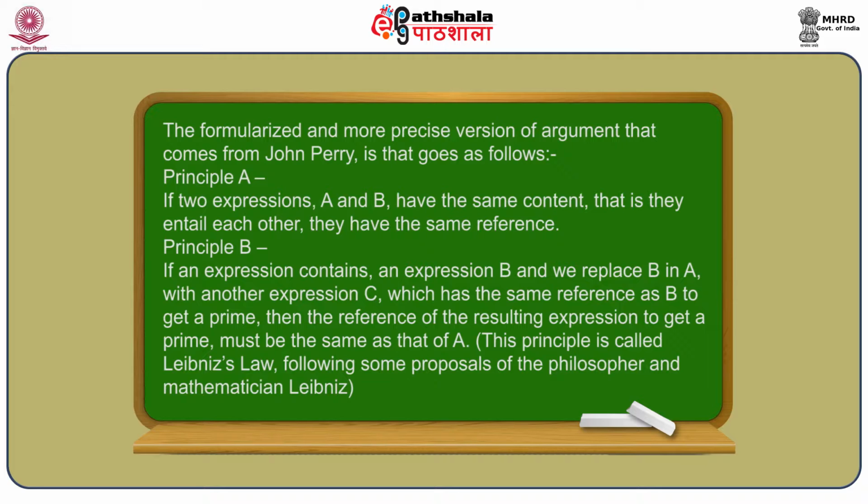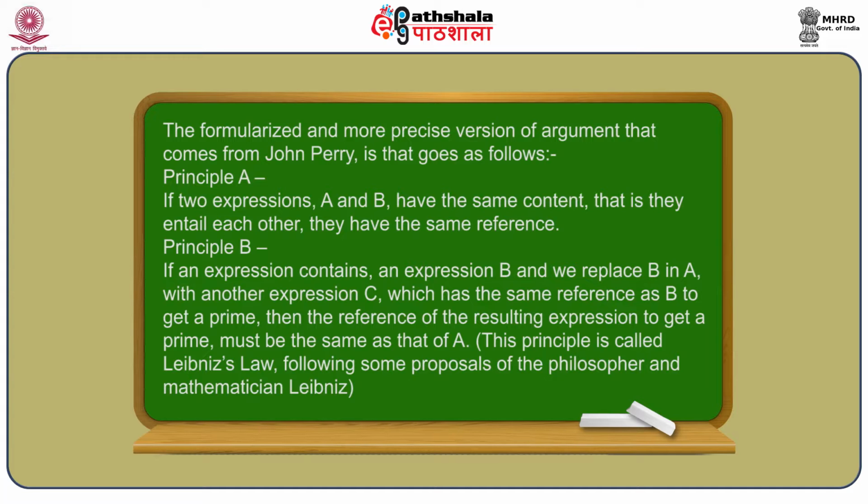Principle B. If an expression A contains an expression B and we replace B in A with another expression C which has the same reference as B to get A prime, then the reference of the resulting expression A prime must be the same as that of A.